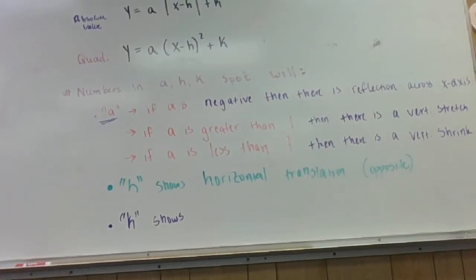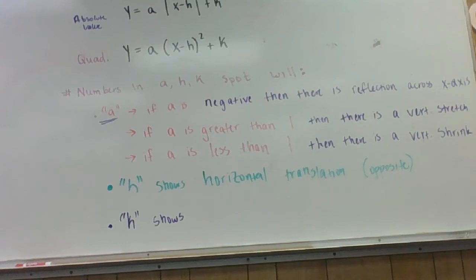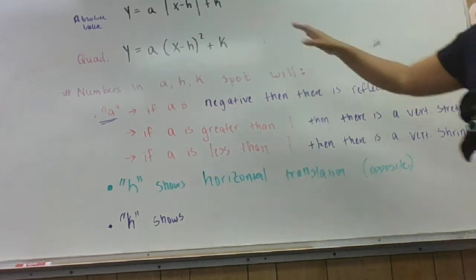Okay, one last value and it's K. If there's a number at the end, it's called K. I think you guys can deduce what K will do. If there's a number at the end, how's it going to change the graph? What will a number at the end in the K spot do?